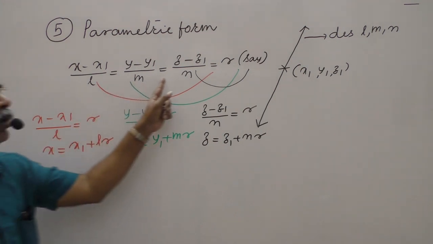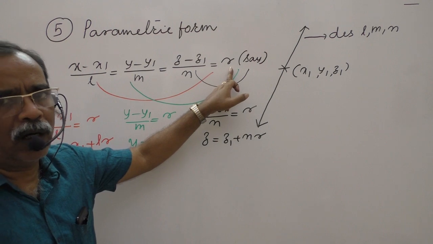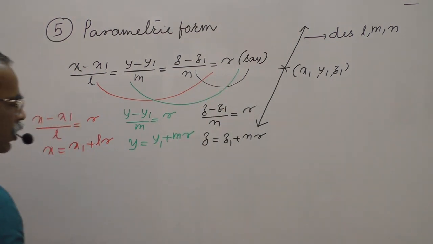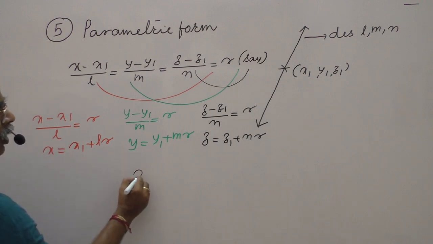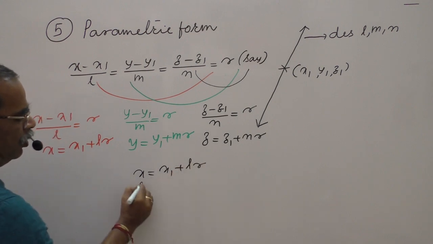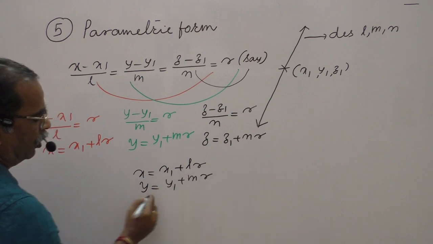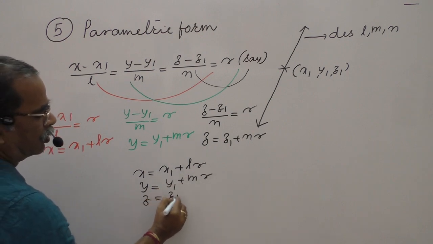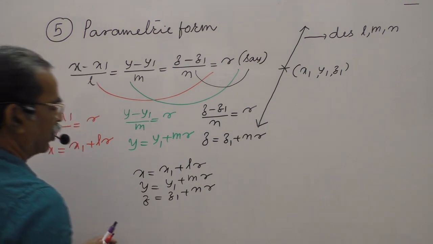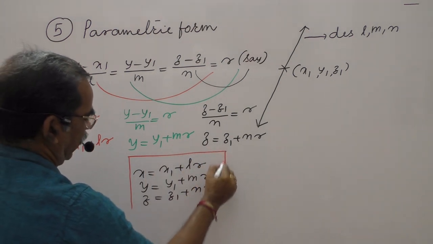So from this symmetric form, taking these equal to r as a parameter, I obtained these three equations: x equal to x1 plus lr, y equal to y1 plus mr, z equal to z1 plus nr.